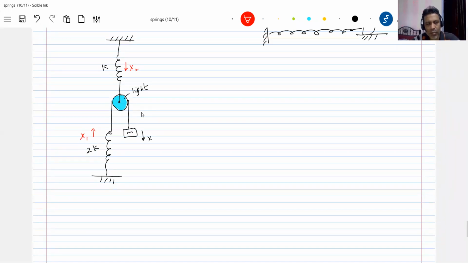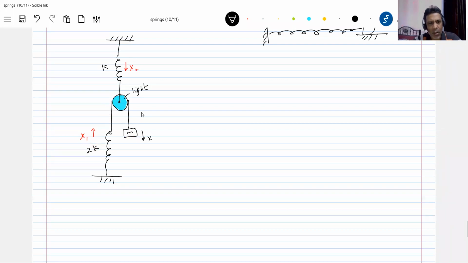If I pull the block by a distance X, then both springs will get elongated. Let the elongations in the respective springs be X1 and X2. We don't know how much, but I think it's quite natural to assume this.